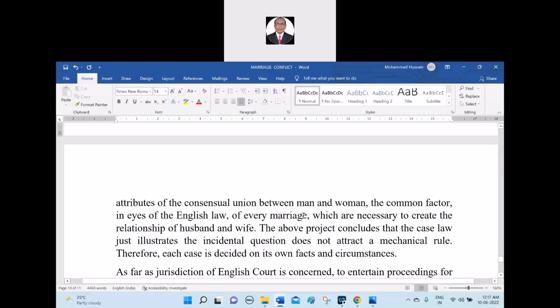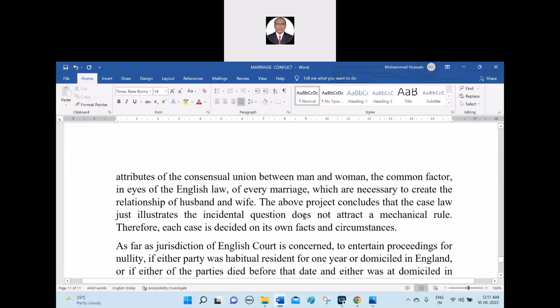Yes? No, it is not clear, Prof. See, marriage is void ab initio on the grounds illustrated in the Law of Marriage Act, one of which is impotency.